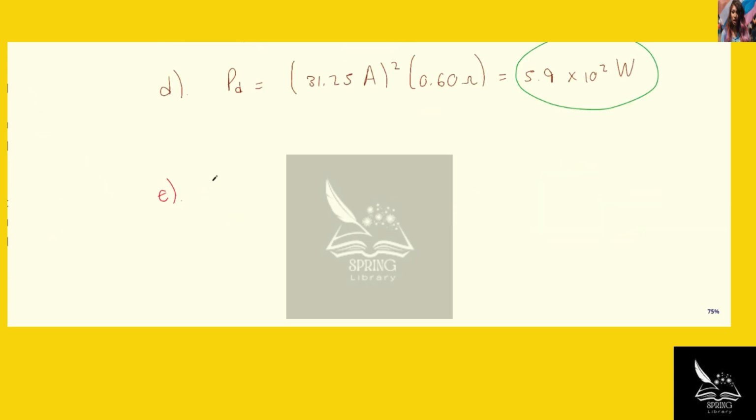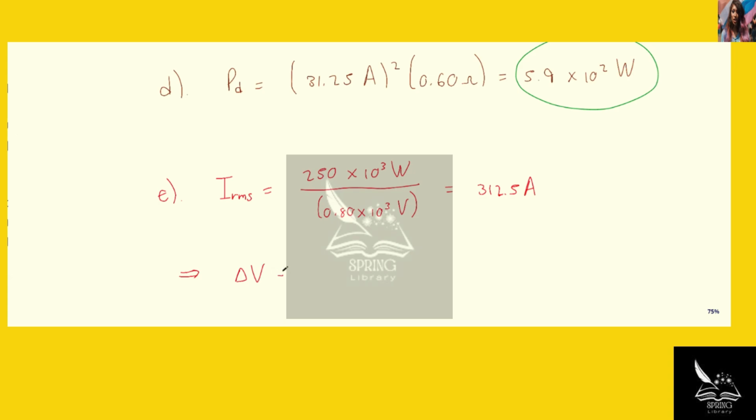For part E, we have the final RMS current, IRMS, to be again the power 250 times 10 to the power 3 watts divided by VT, which is now 0.8 times 10 to the power 3 volts, which gives the RMS current to be 312.5 amperes.